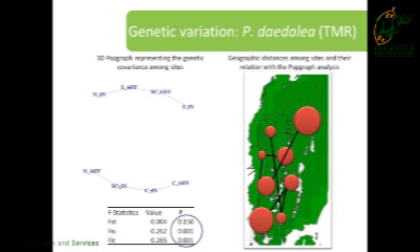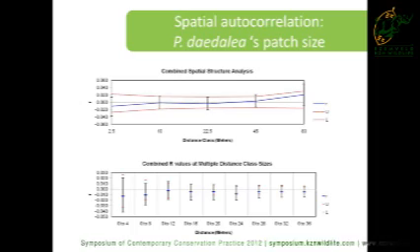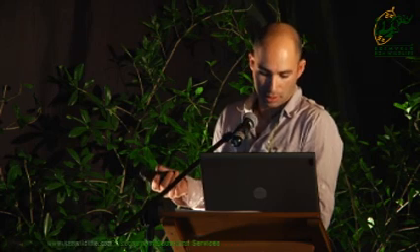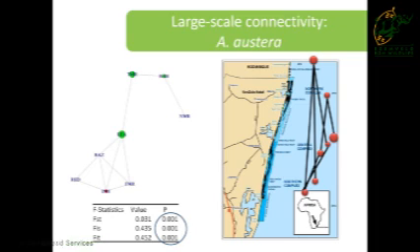So even though the model here found some genetic differences, or split the sites in two, those are not statistically significant. When I did the spatial autocorrelation analysis for this species, I didn't find anything, so it means that the patch size is much larger, and that's why I didn't find any differences in the genetic information between sites.